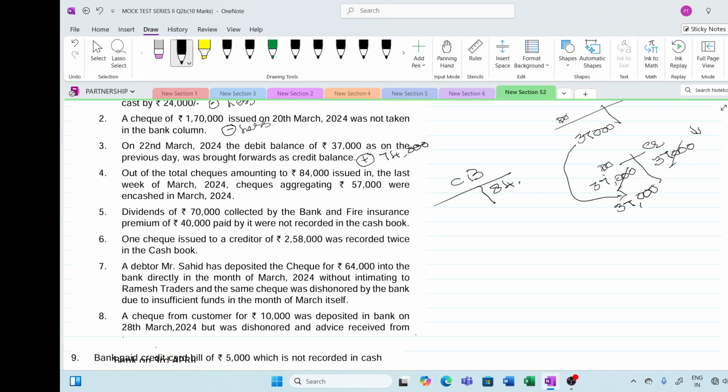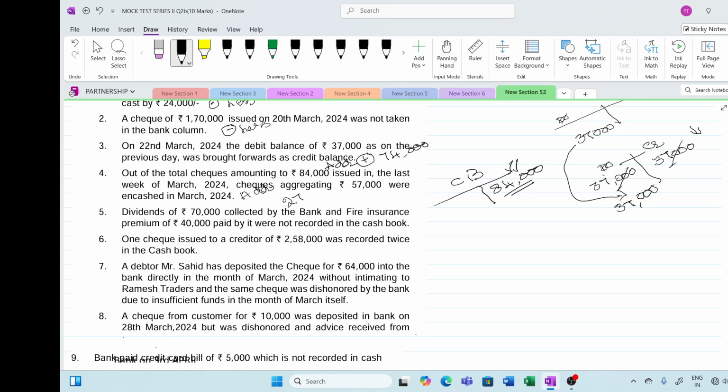The moment you write a check, you write it as payment done. But in the bank, the payment has not gone. Payment gone is only 57,000. So for the 27,000, there will be a plus balance that will appear on the add side. Add will be your 27,000.